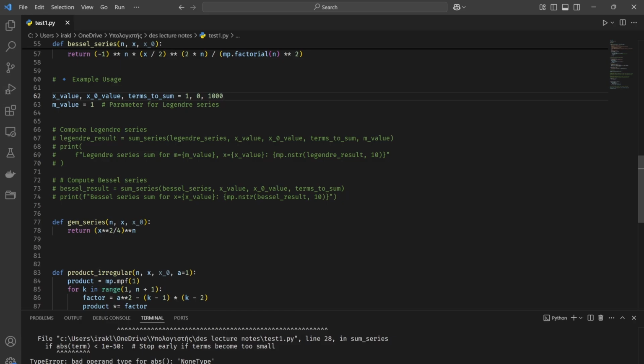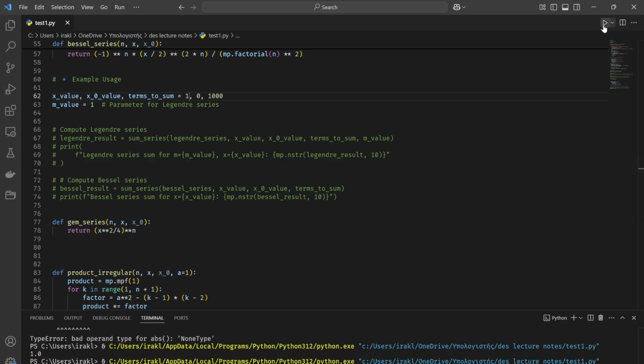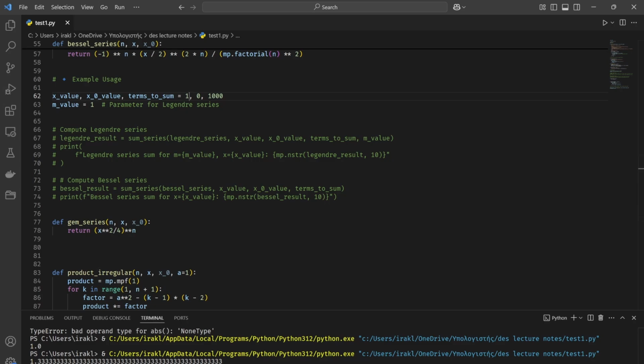So let's see what happens at 0. At 0, what we're going to get is 1, okay? Nothing strange. What happens when x is equal to 1? It's 1.333333.